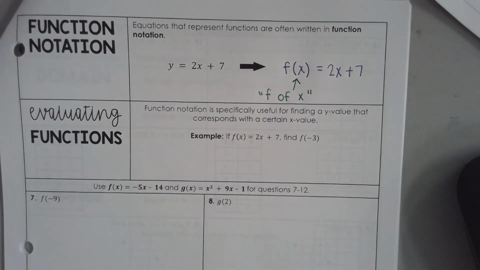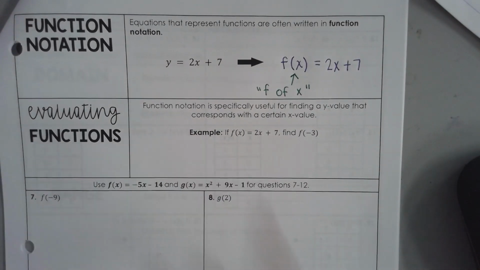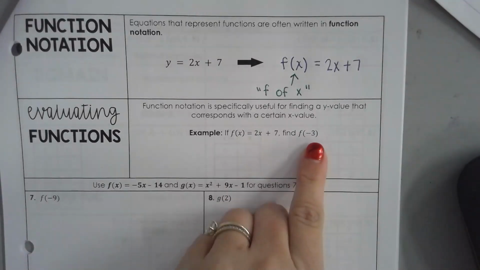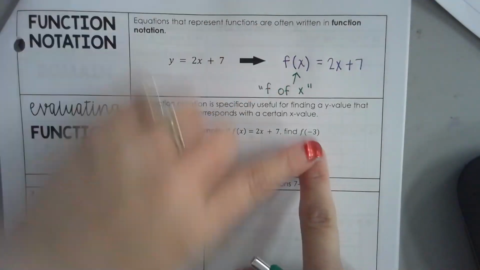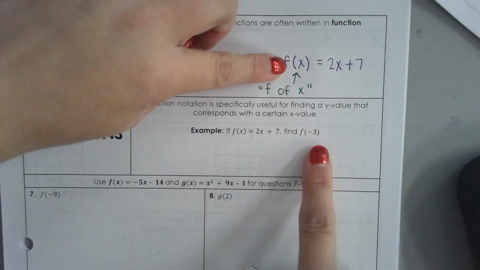So f of x. You're going to have questions where, for example, I say f of x equals 2x plus 7. Find f of negative 3. So negative 3 in this case is replacing what? x. So I had f of x.